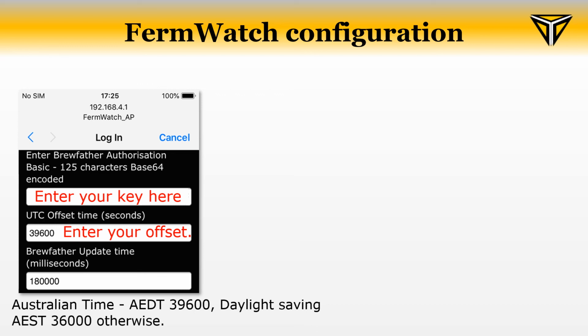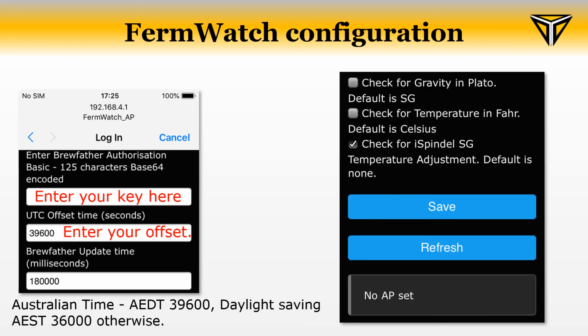I'm in Australia, so I've set it up obviously for Australian time. And then there's the Brewfather update time, which, as I mentioned before, I've set for 3 minutes. Then there are the options. If you want to set Plato, if you want to do the temperature adjustment, you hit save, and hopefully all will be well.